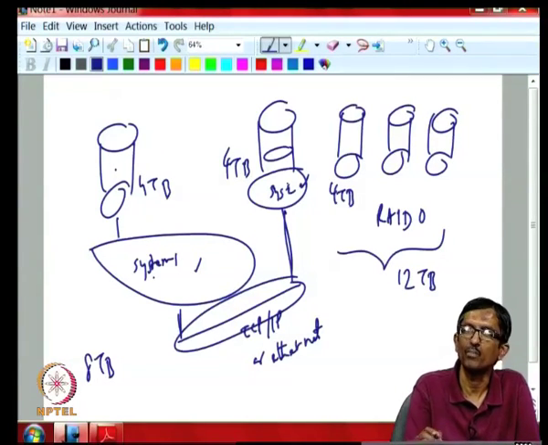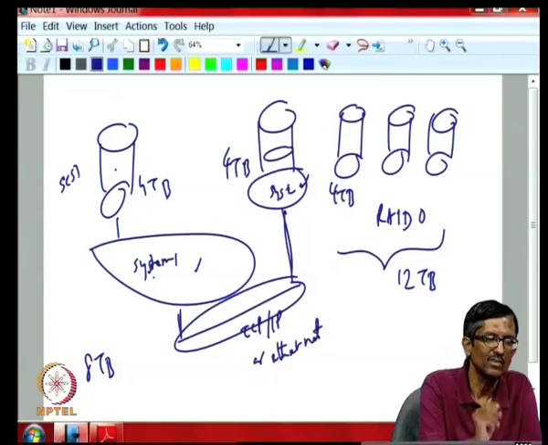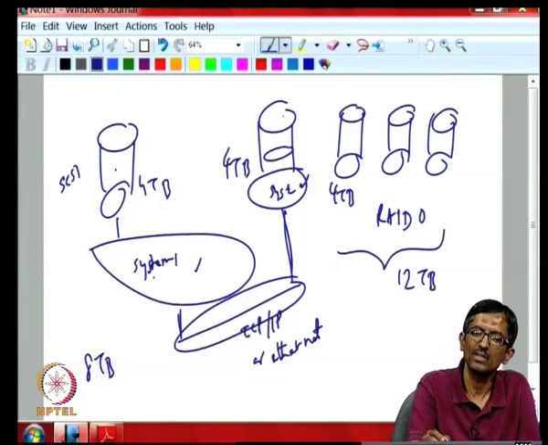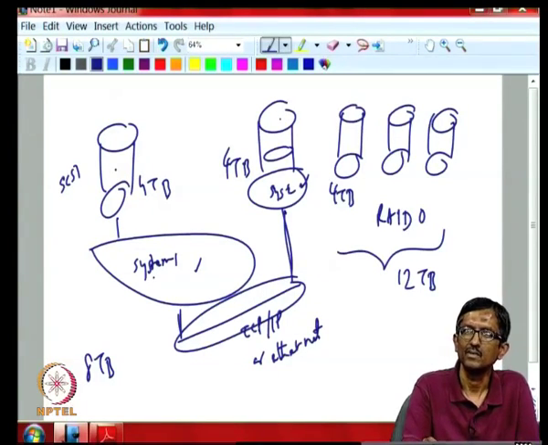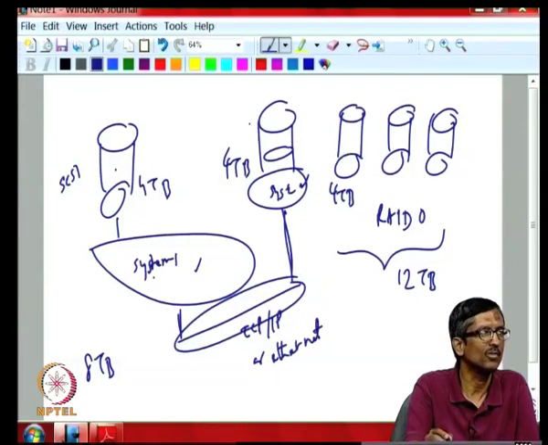But the good thing about this is that these systems can be disparate. This could be a Red Hat system, this could be a Solaris system. A lot of things can change. This can be one type of disk, this can be another type of disk. For example, this can be a SCSI disk, a fiber channel disk, an IDE drive, or a solid state disk.